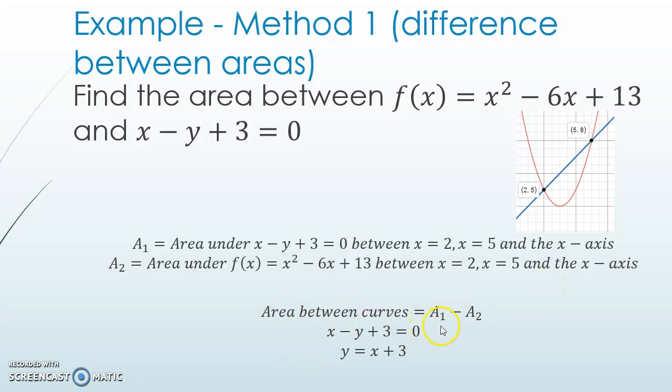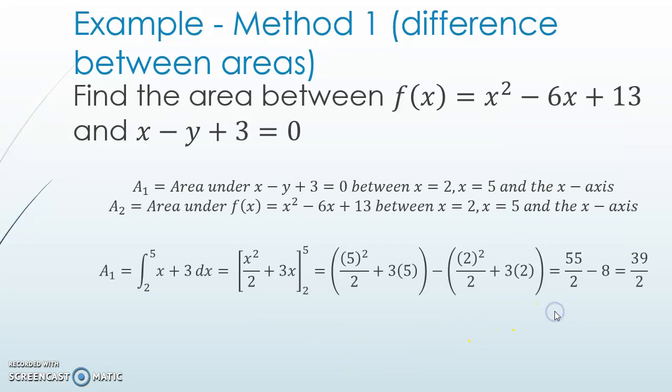So the area between the curves is going to be A1 minus A2, and we can rearrange that function as it was given in the question to be more like what we expect, y equals x plus 3. So we've got our two areas here. Area 1, just find the integral of x plus 3 between 2 and 5.